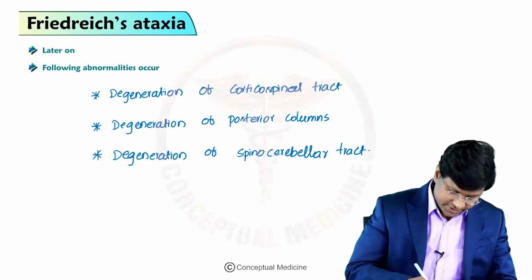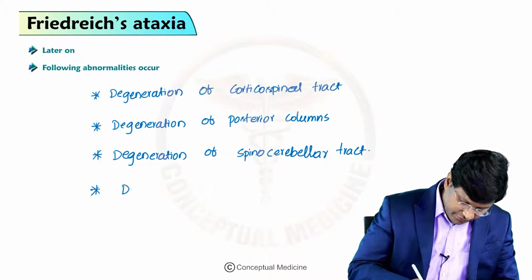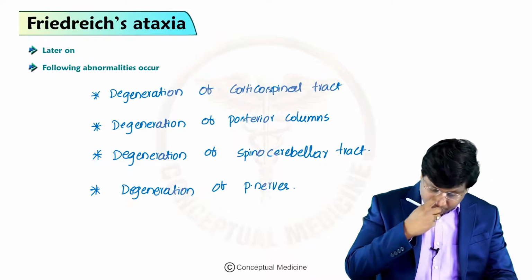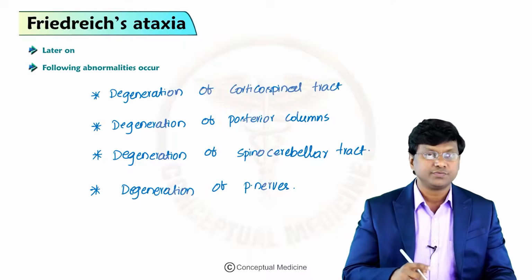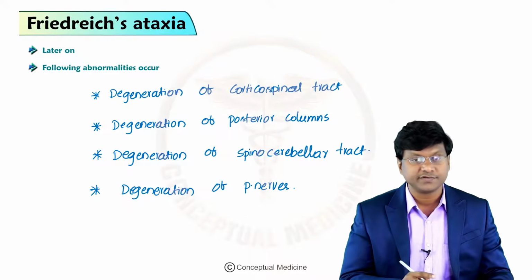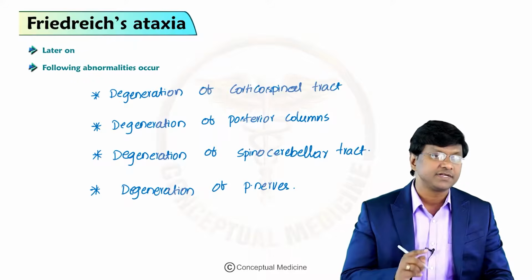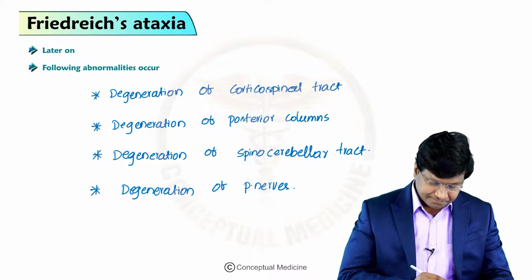And the fourth important structure is the degeneration of the peripheral nerves. So these are the structures which get affected in patients with Friedreich's ataxia. But the most common and the first structure which is affected is the dorsal root ganglion.